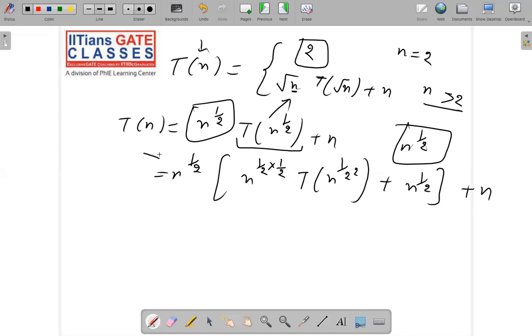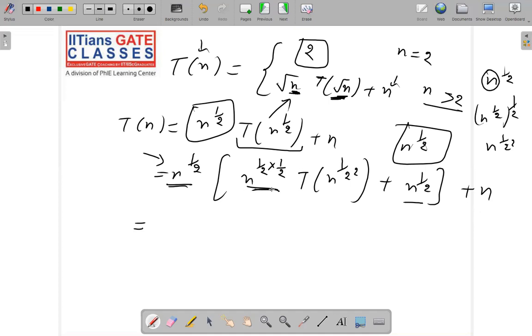If you don't know how we reached this term, we simply replaced n in root n. Here the power is 1/2, and we replaced n with n^(1/2) again. So it's n^(1/2 · 1/2), right? So it's n^((1/2)^2). Similarly, here we only replaced n with n raised to power 1/2. If we multiply this with this, we get n again.